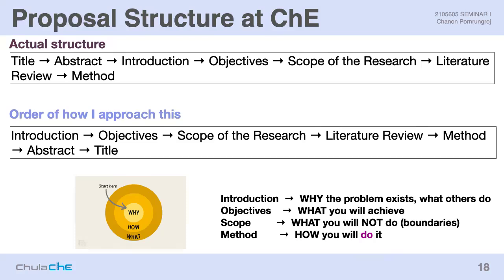You have to make sure that your method aligns with what you want to achieve. And after you write all this, you go back, summarize everything, and put it into the abstract. And the title, for me, can come after. It's like picking things from here and there, putting them together to represent your project.